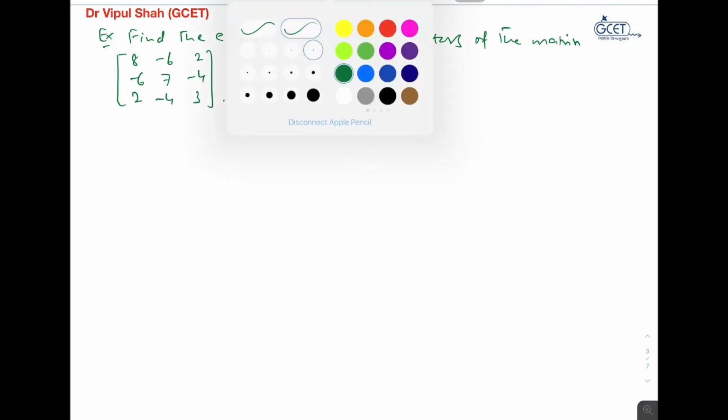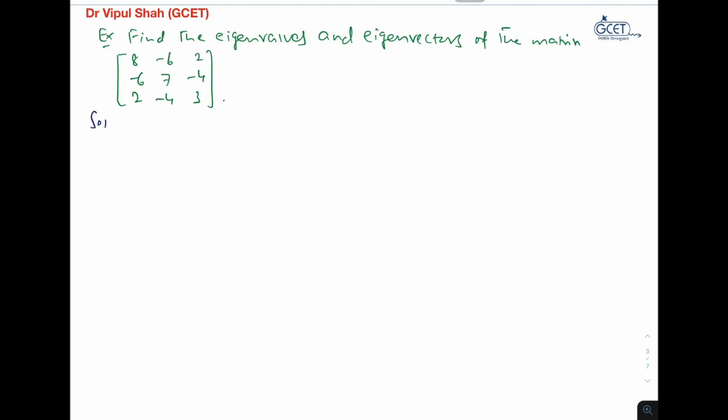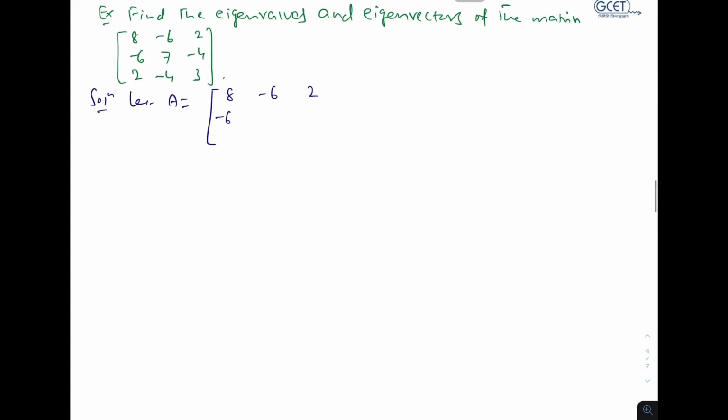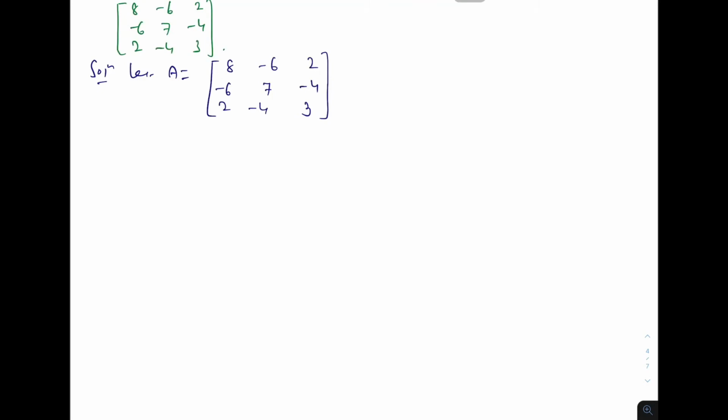So let us solve this example. So let A equal to 8, minus 6, 2, minus 6, 7, minus 4, 2, minus 4, 3. Okay, so the first thing is the characteristic equation.